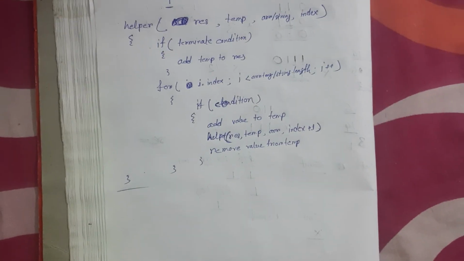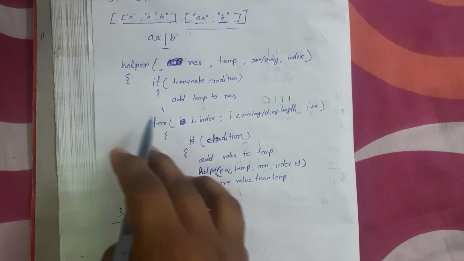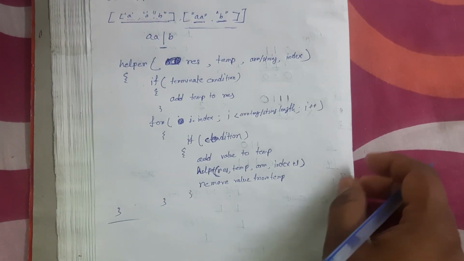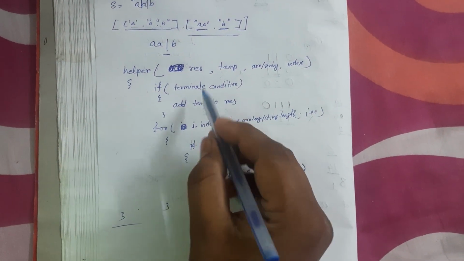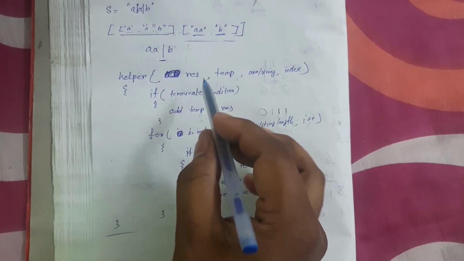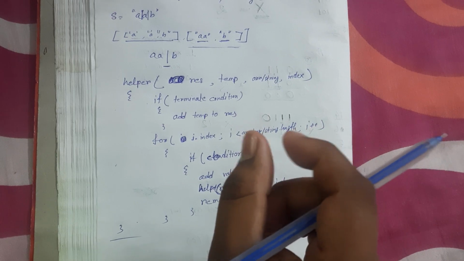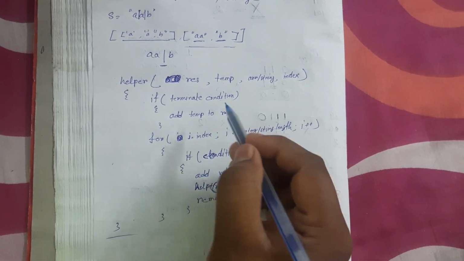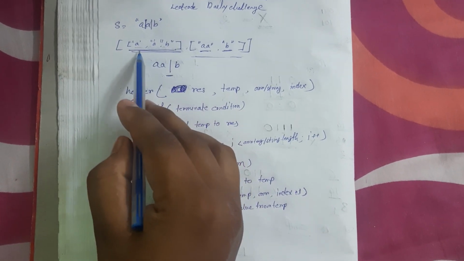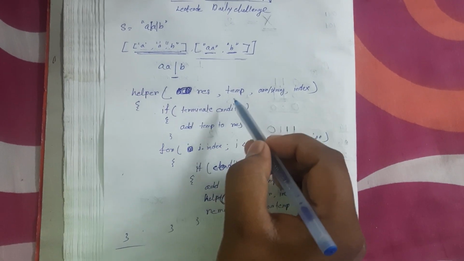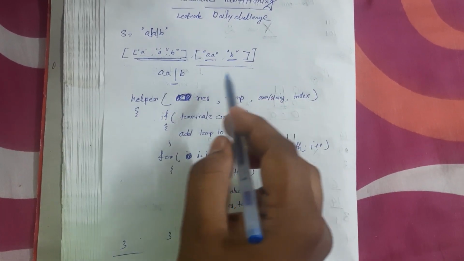Okay, so I have written down a sample template that will help you to solve any kind of backtracking problem. In a backtracking problem there should be a result that will be our answer, and there is a temp array that will store one of the results. In this case you can see that this is one list of strings that could be one of our answers, and that is temp, and result is the whole list.